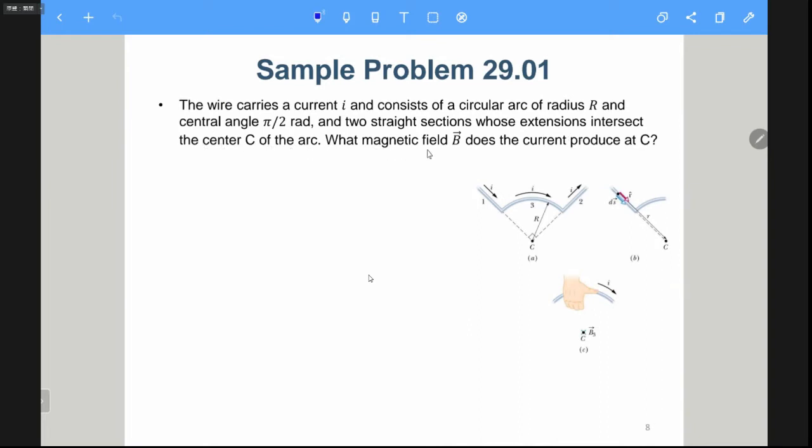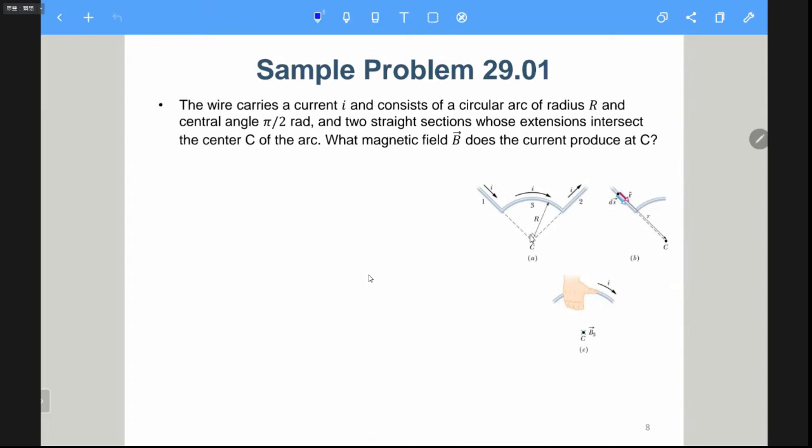What magnetic field B does the current produce at C? Okay, considering this point. Okay, so this one will be easy. So we can separate this wire into 3 parts. Part 1 is this segment. Part 2 is this segment. Part 3 is the circular arc.